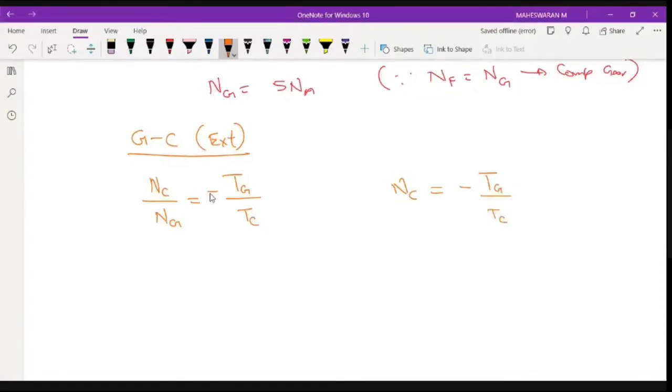Of course, I put minus here also. Most of the time, you will make a mistake in this negative sign. Be careful. For external, you have to put negative. I myself miss it sometimes, so watch out. So NC is equal to, I will write it again, minus, what is TG?